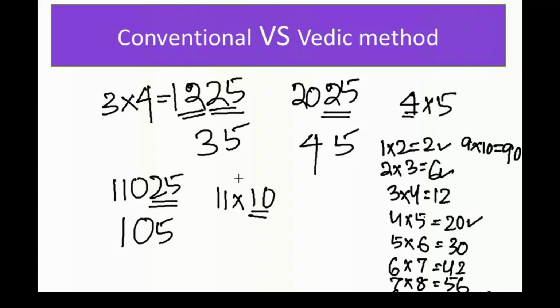Find consecutive numbers that multiply to give 20: 4 into 5 is 20. Take the smaller one, 4. So the answer is 45.